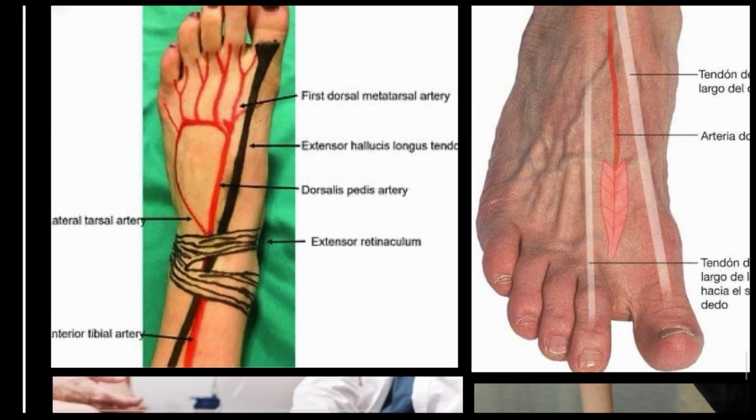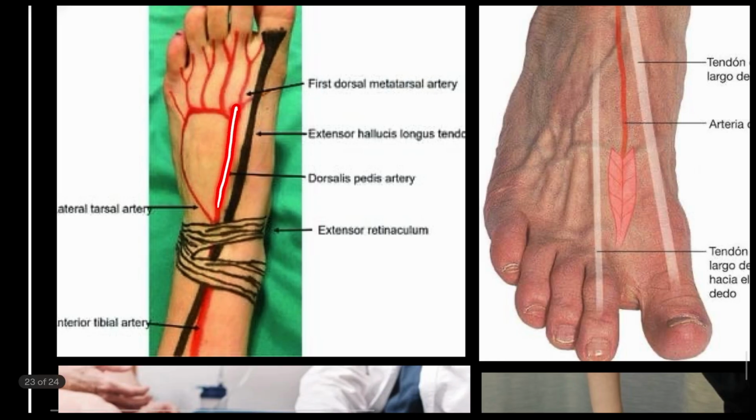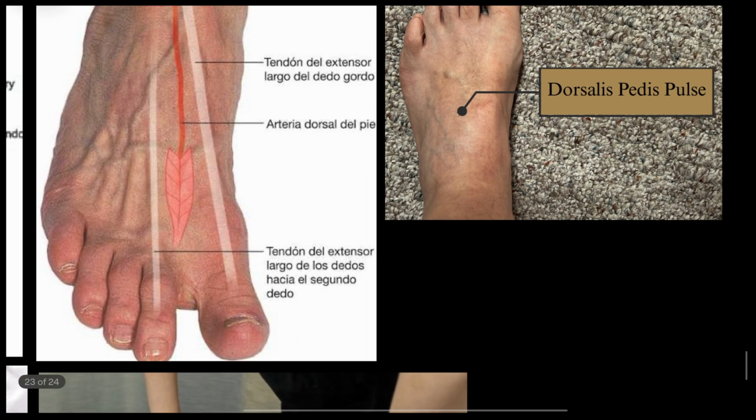Then you have the dorsalis pedis pulse. The dorsalis pedis artery is present lateral to the extensor hallucis longus tendon. So the pulse is felt lateral to the extensor hallucis longus tendon against the navicular bone.